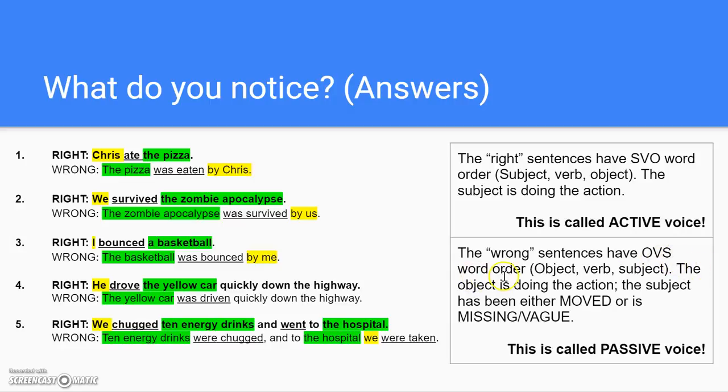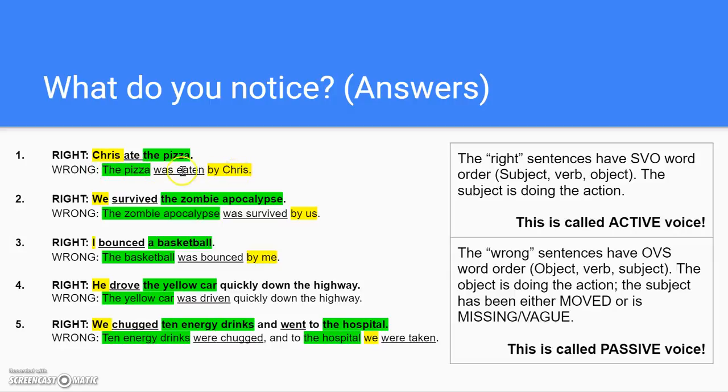Now the object is doing the action. The subject has either moved to the end of the sentence or is now missing completely or is vague. That's passive voice, and in most writing situations we don't want this, which we'll find out in a minute. For example, if I flip-flop number 1 and move Chris to the end and the pizza up front, now I'm saying the pizza was eaten by Chris.